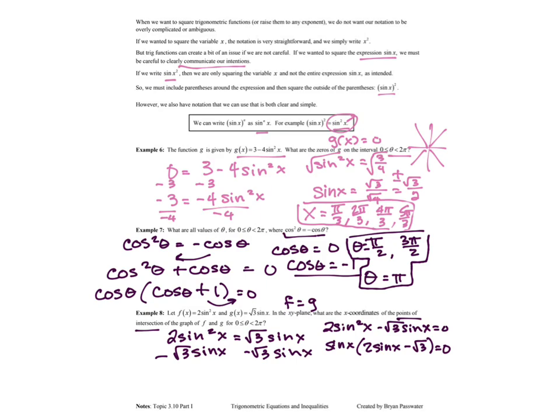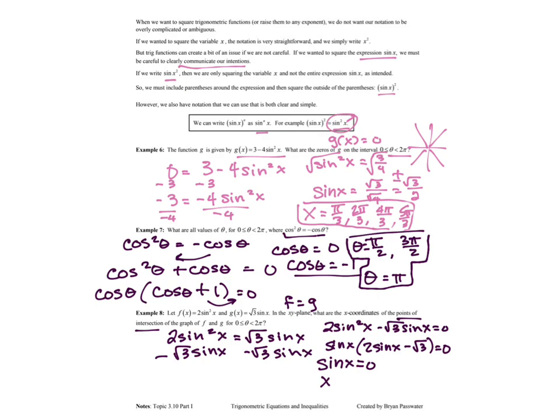The zero product property says if the product of two factors is 0, then either one or both of them was 0. Right? So we set each equal to 0 and go from there. So when is sine of x equal to 0? When x equals pi over 2. No. Pi and 2 pi. 0 and pi and 2 pi, right?